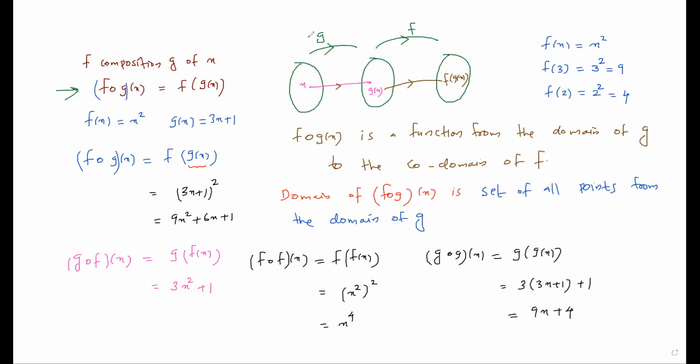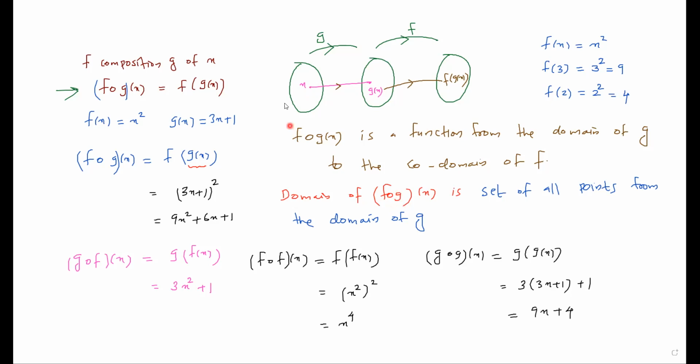So it should be from the domain of g, isn't it? Correct, because f composition g of x, we start from where? We start from the domain of g. So domain of f composition g is the set of all points from the domain of g.